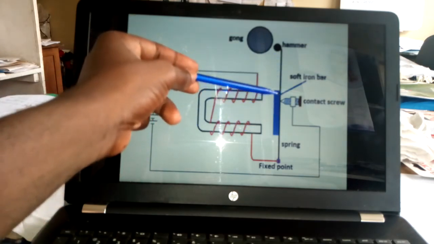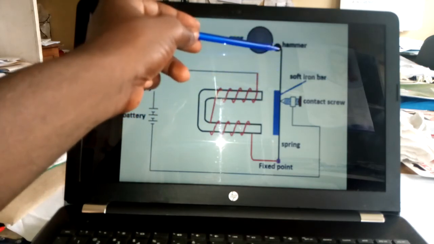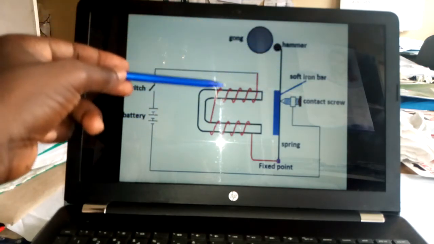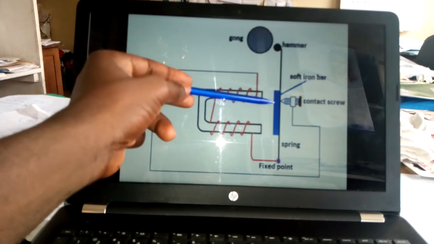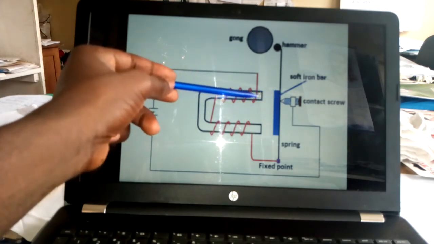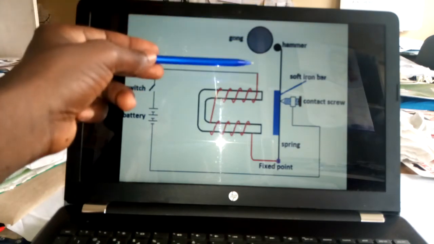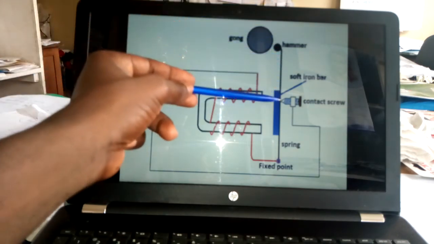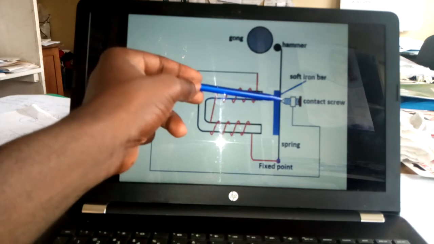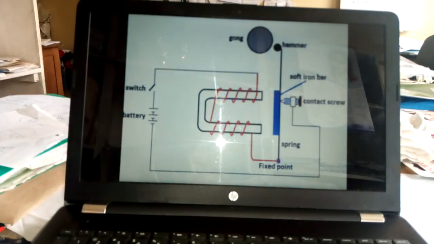And remember, this system has a hammer at the end, which will be able to hit the gong. So the soft iron is attracted, the hammer hits the gong, that means the bell is ringing. At the same time, the contact is broken.